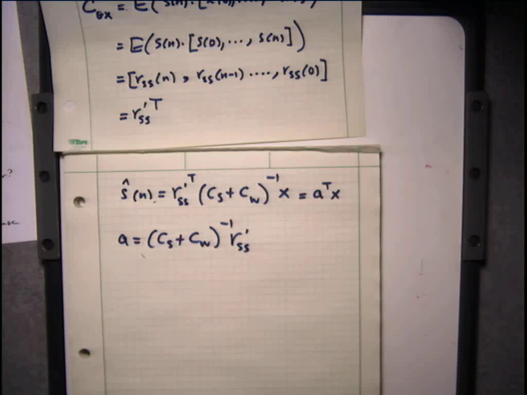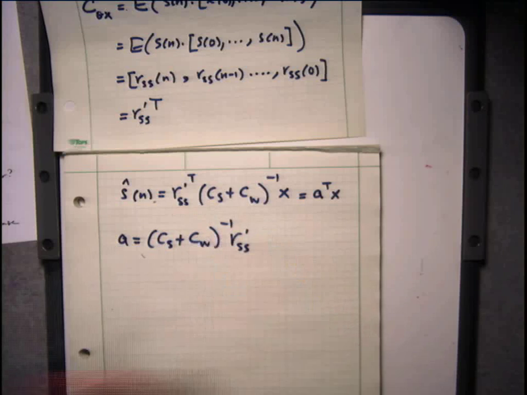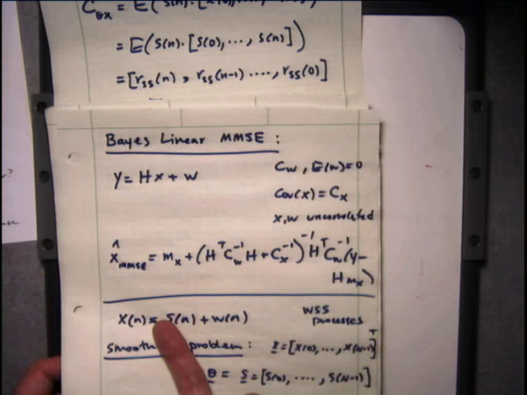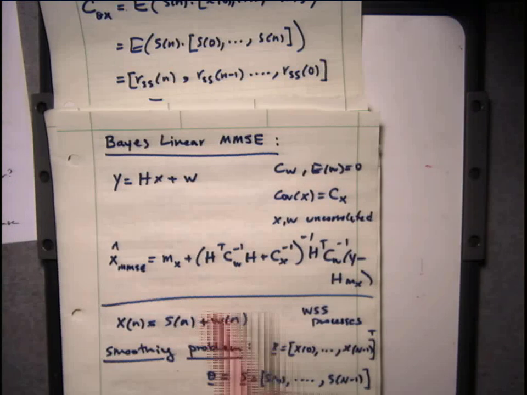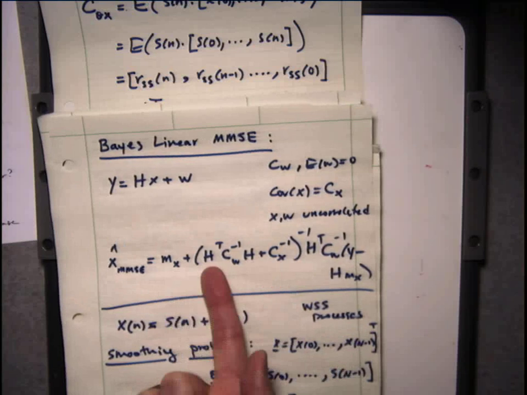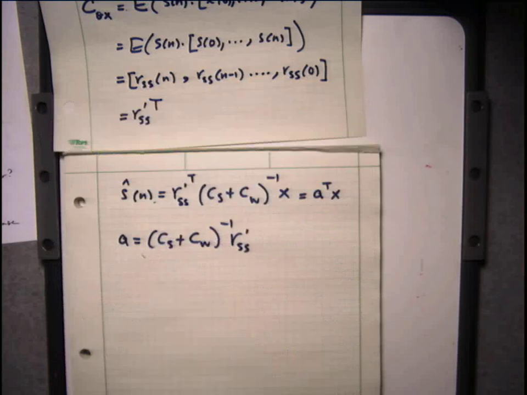So the basic idea here is that I'm simply plugging in what the formula is for this scenario. If you take this scenario and think about it as M is 0, H is identity, X is replaced by S, then you get exactly everything that I wrote down here.